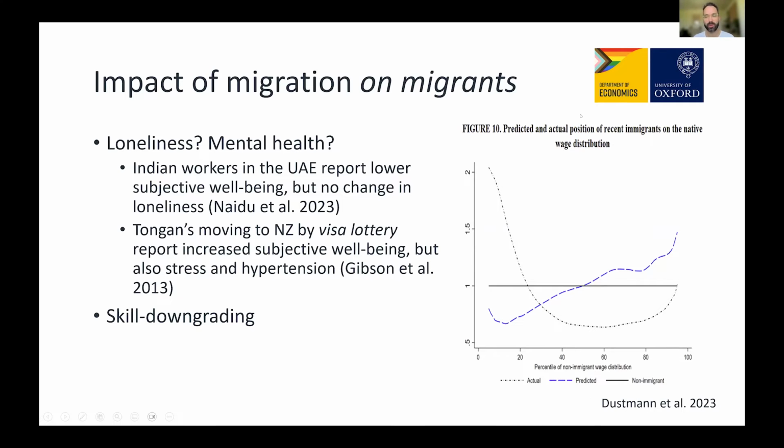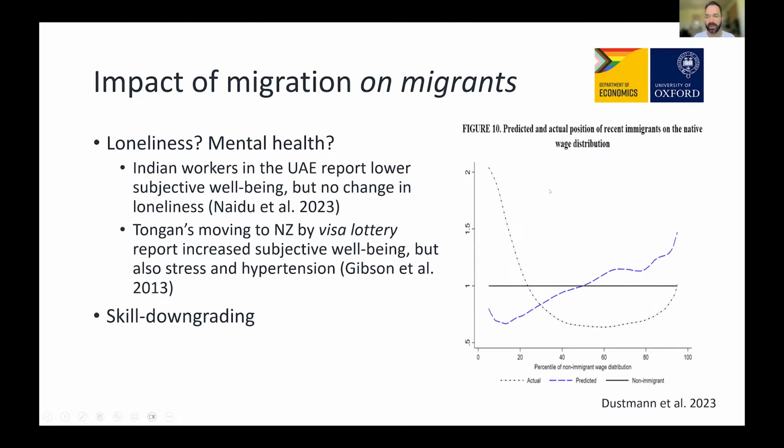One thing that's been documented throughout, and this is data for the UK on the right, is that when immigrants move, there is a substantial level of skill downgrading. So this is the story of the engineer who ends up driving Uber. What this shows is, in blue, the predicted distribution of wages that immigrants should have in the UK if you looked at their education levels, their age and experience level, versus the actual distribution.